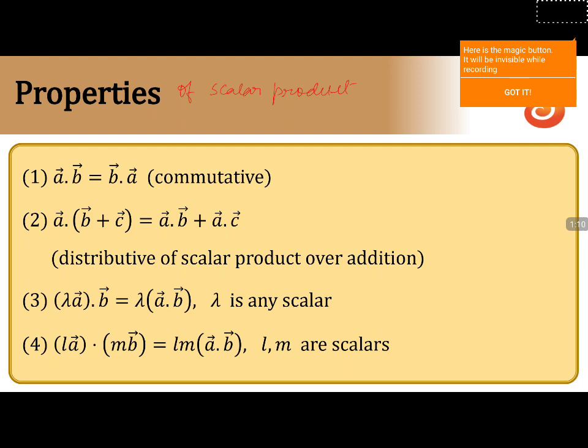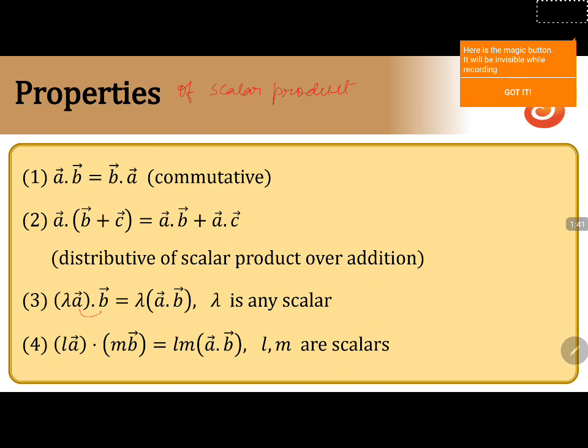Next one is the third one, where along with the two vectors A and B, we can take one more, a scalar, which we'll call lambda. Now, lambda times vector A dot vector B. Here lambda is a scalar, that is nothing but a real number. Lambda can be kept outside, and we can do the scalar product between the two vectors.